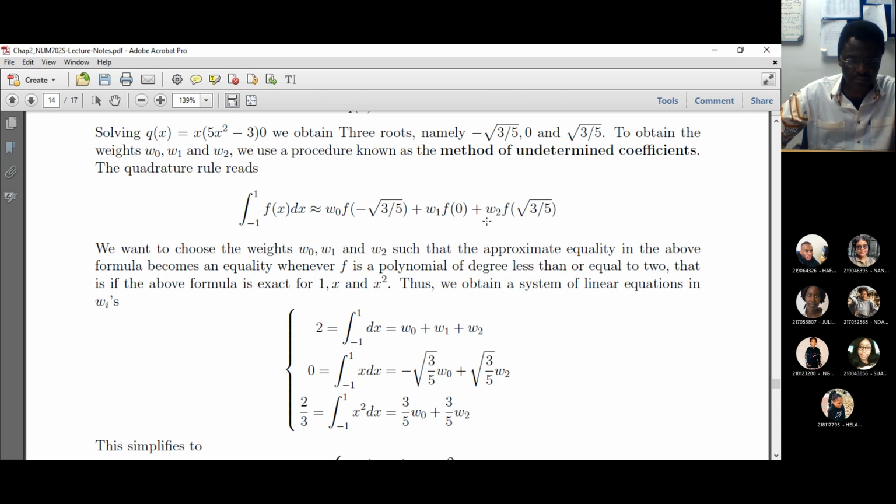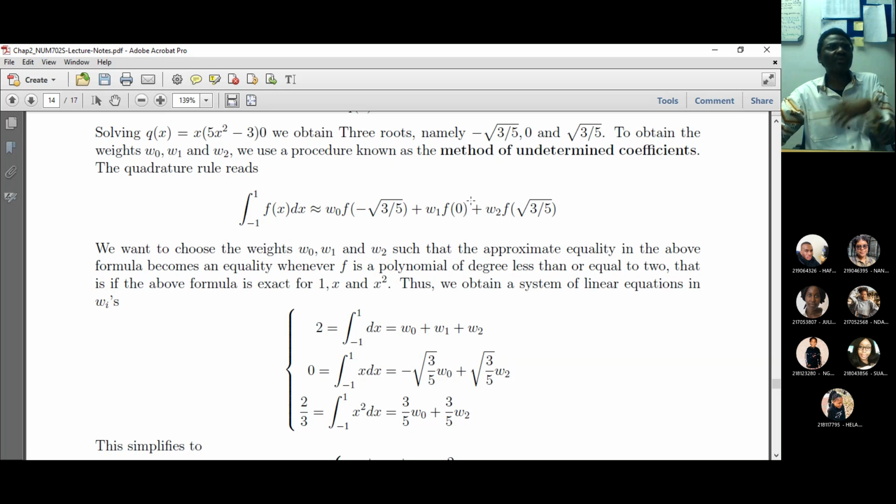In fact, it's more than that, right? Because here, how many nodes do we have? 1, 2, 3. So it will be 5. The degree of precision of this is 5. So actually, it's for polynomials of degree less than or equal to 5. But I don't need to write up to 5. There are many coefficients. But because we only need 1, 2, 3, we need 3 expressions.